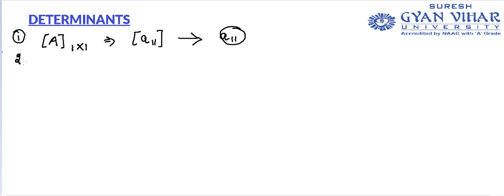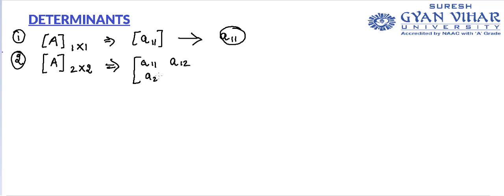Okay. Second, if we have a matrix of order 2 cross 2, we can write it as A11, A12, A21, A22, right?